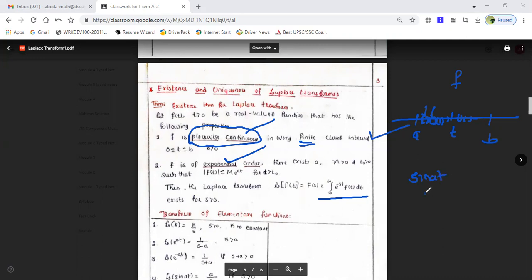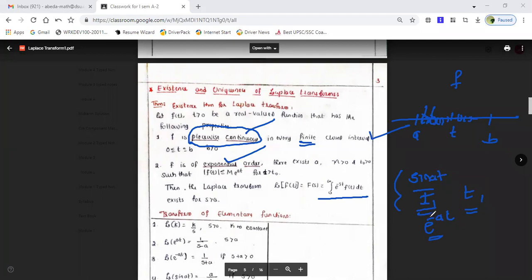In the above examples you have seen, we have taken the Laplace transform of sin at, of 1, of t, and of e to the power minus at. All these examples are both piecewise continuous and of exponential order. That's the reason we can find the Laplace transform of them.